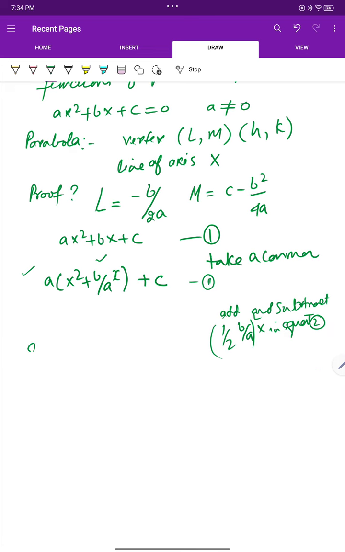So how do you do it? a into x² plus b/a times x. To simplify, we divide by 1/2, but here we have to add the square, and then we have to subtract it.